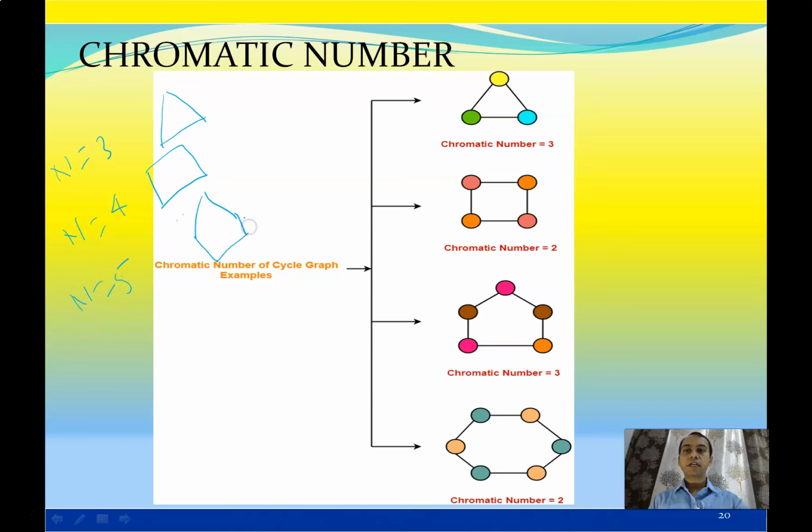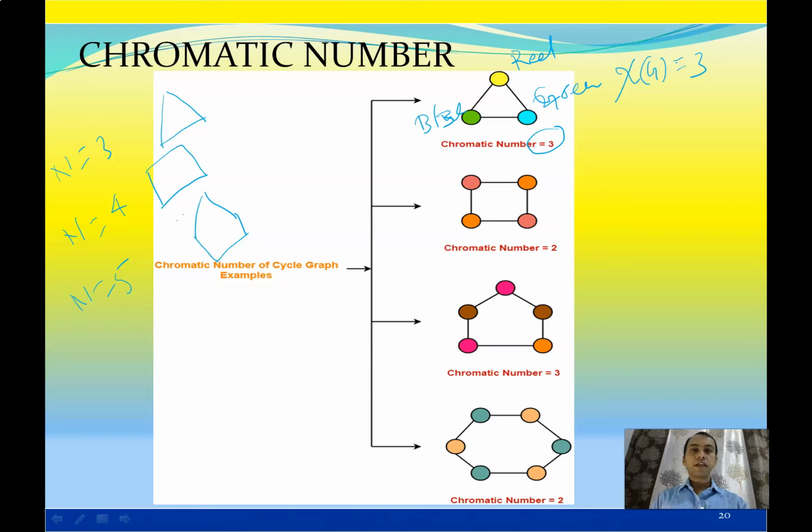So this is the cycle graph for 5 nodes and so on. For the cycle graph with 3 nodes, the chromatic number will be 3. Why? 1, 2, 1, 2 is not possible, then write 3. Suppose here red, green, blue. So the chromatic number for this graph is 3.